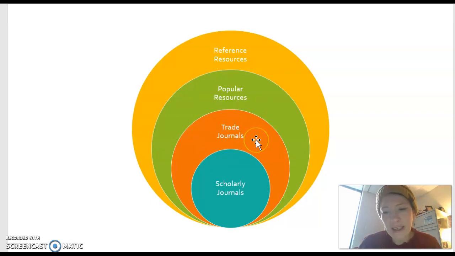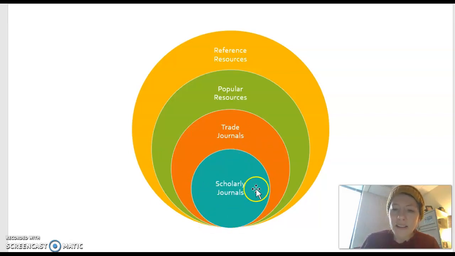Trade journals, which you didn't have an example of in this assignment, are written for still a more narrow audience. Usually they're written for professionals within a trade. And they're starting to get at that area of expertise and specialization that makes them less available to some of these other audiences, but also deepens an understanding about a topic, digs a little bit deeper, gives us something more complex to look at and to think about.